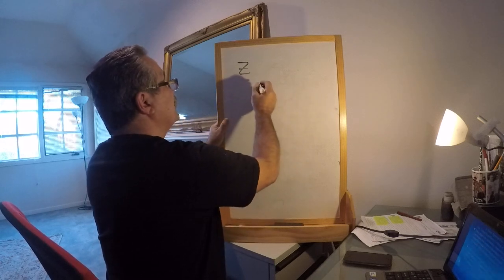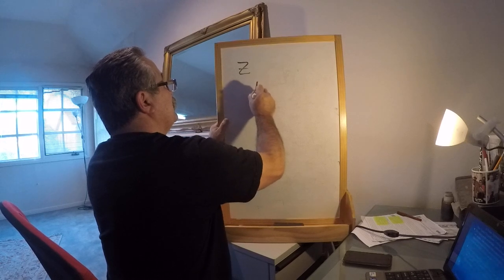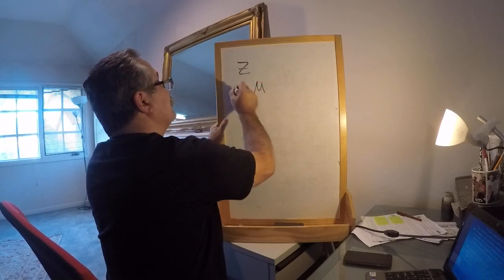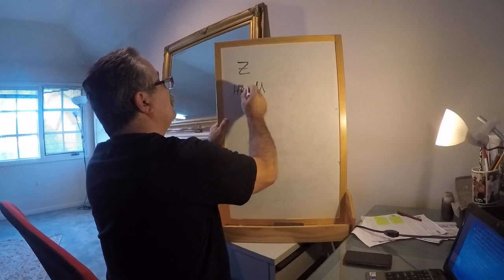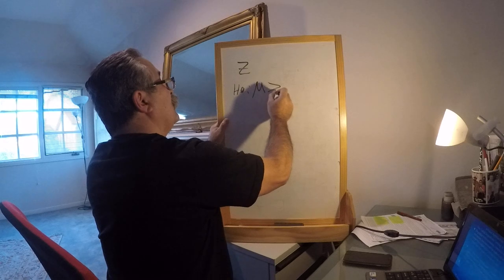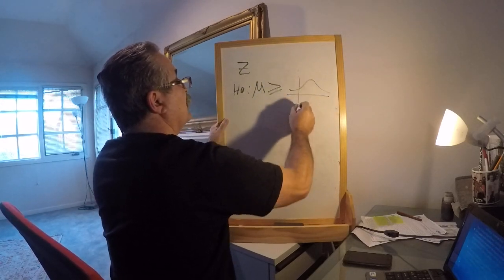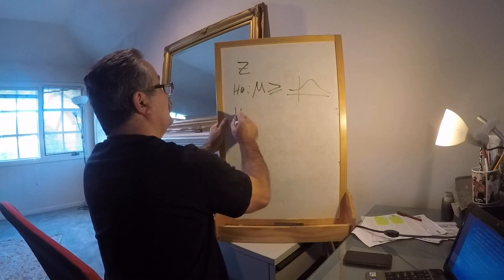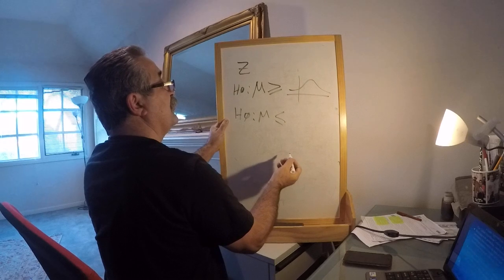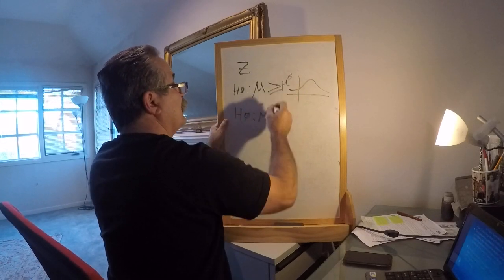Do you guys remember I said that H0 with mu greater than or equal to mu sub 0 is one tail, lower tail. H0 with mu less than or equal to mu sub 0 is one tail, upper tail.